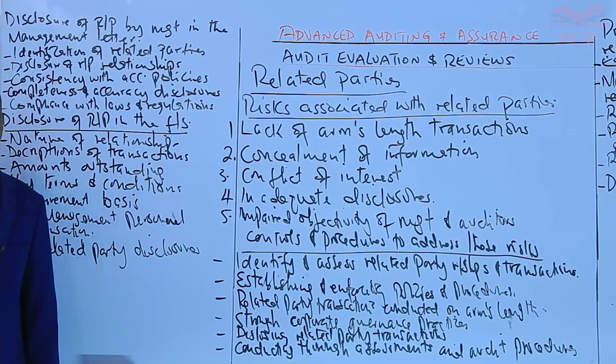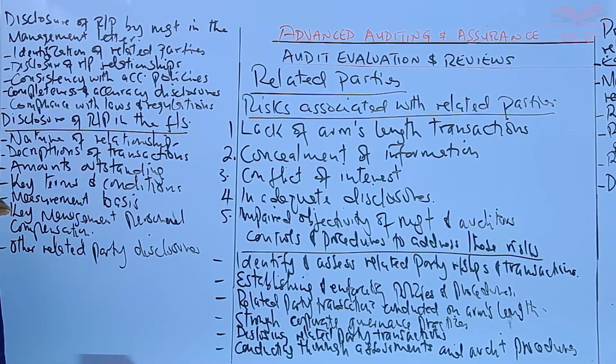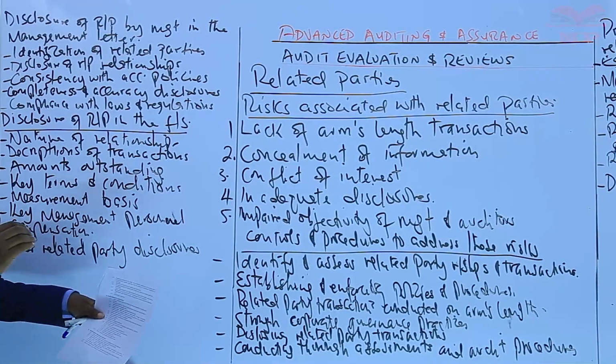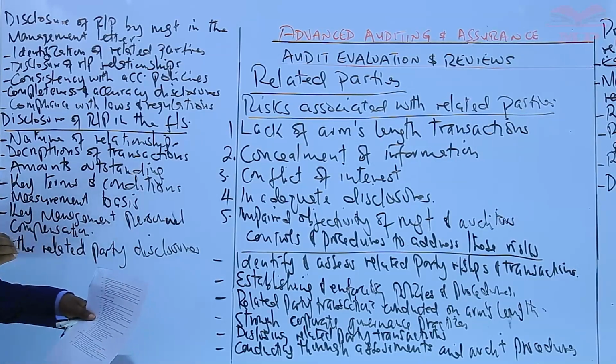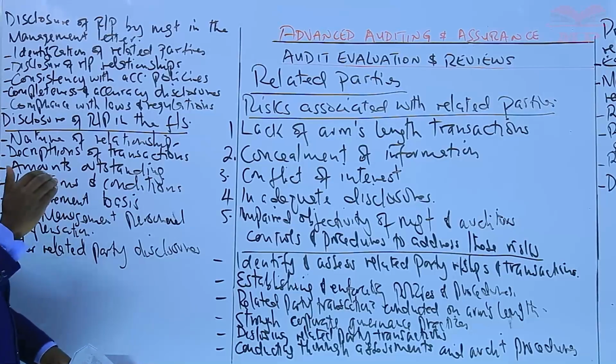For example, if the entity has entered into significant related party transactions that are not in the normal course of business, those transactions may be separately disclosed. So this could be any other related party disclosures.